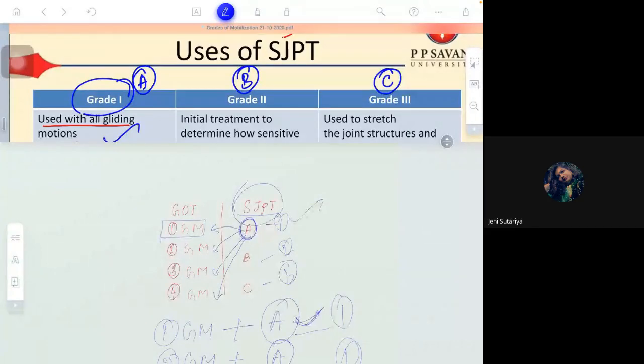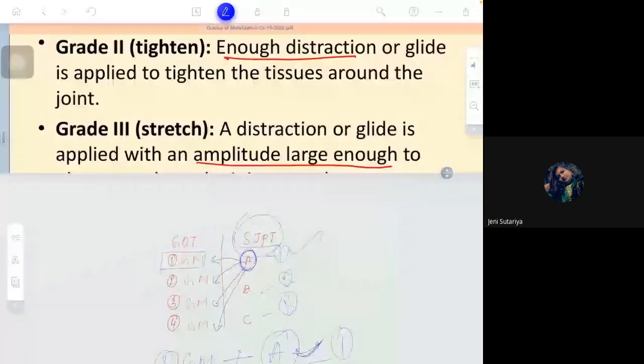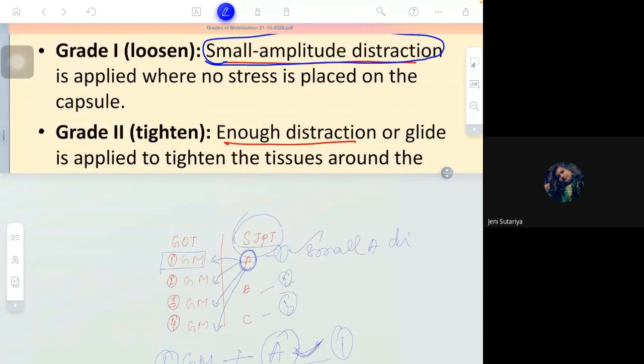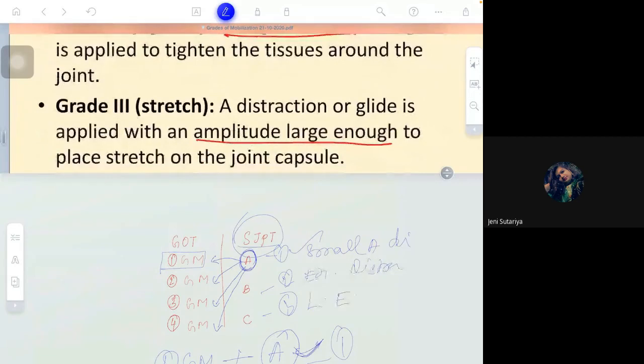Small amplitude distraction. Yes, it is small amplitude distraction. This is enough distraction, and this is large enough distraction.